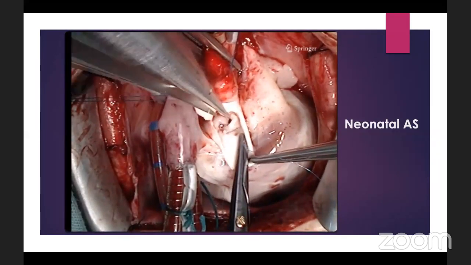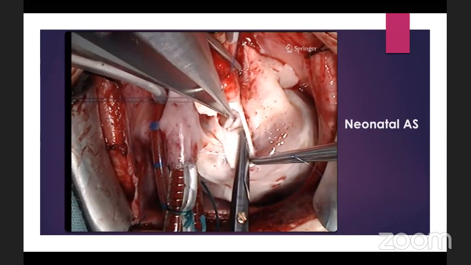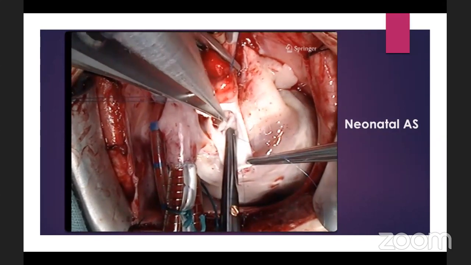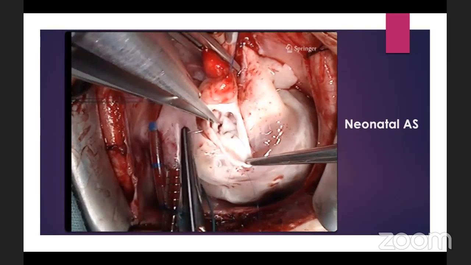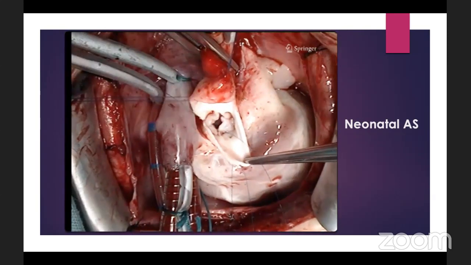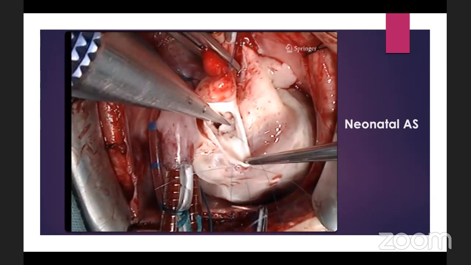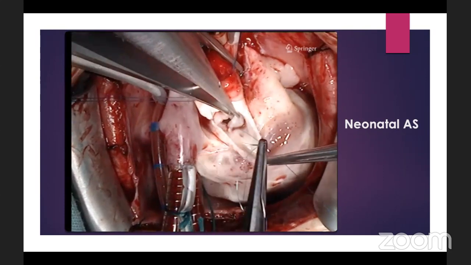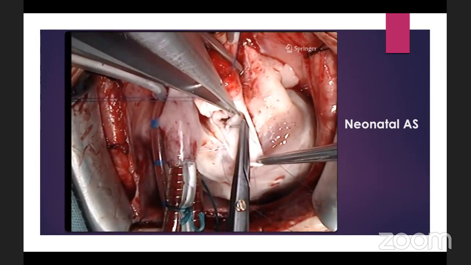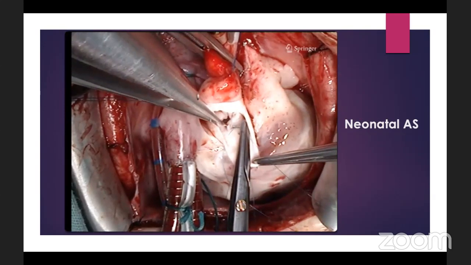So this disrupted commissure is now put together and resuspended high enough to allow for a good coaptation. Now, keep in mind that this image is very magnified, so this valve annulus is probably maybe 5 or 6 millimeters in diameter.